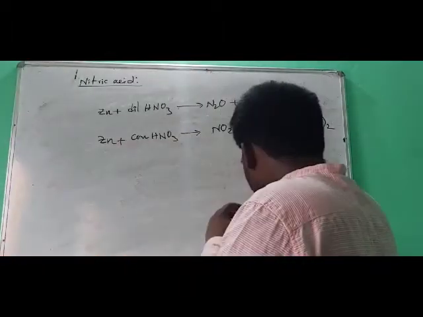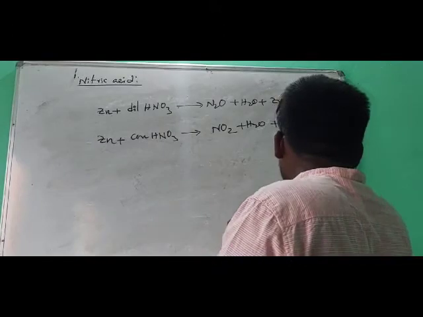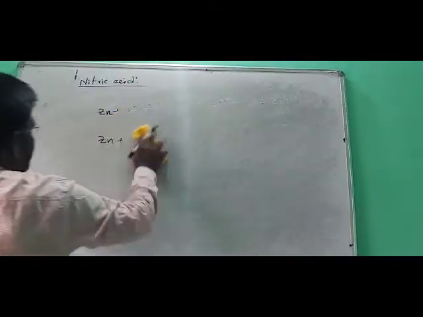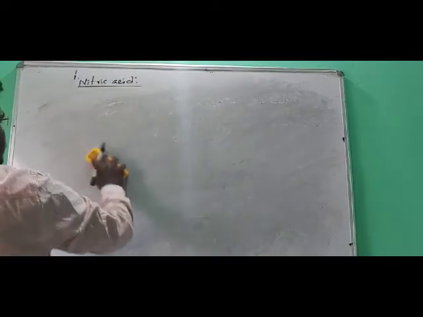Next one, nitric acid has the ability to oxidize non-metals. So you know that nitric acid is a strong oxidizing agent that oxidizes metals and non-metals also. Let us see some examples.